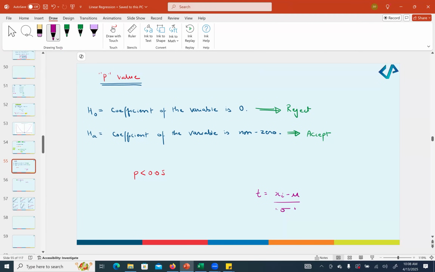Everywhere this denominator will change. For example, in case of a two-sample t-test, it will be something like xi minus mu divided by sigma divided by under root n. In that case, that will become the standard error. So whatever is the denominator in calculating the t value is considered the standard error.